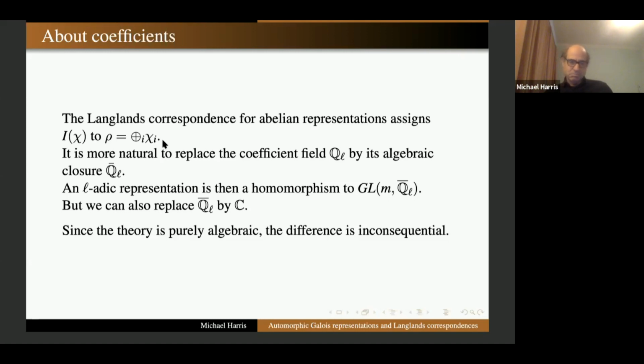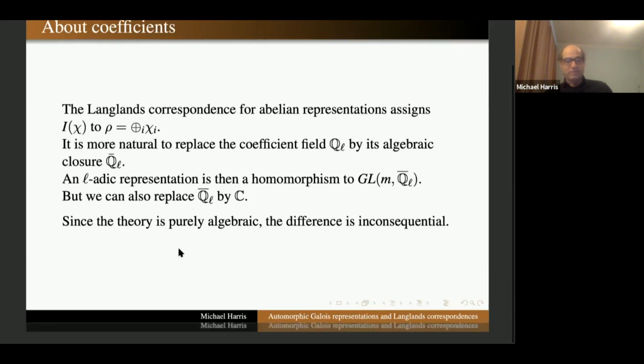But in any case, the difference is inconsequential. So we now have assigned to an abelian representation an action of GLM of QP on a complex infinite dimensional vector space.